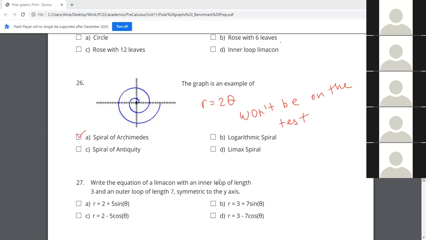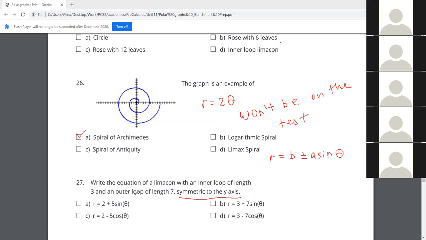27, write the equation of a limaçon with inner loop of length 3 and outer loop of length 7, symmetric to the y-axis. Symmetric to the y-axis will tell me about sine right away. So let's start constructing it. It's a limaçon with inner loop, so let me first put the general formula: r equals B, plus or minus, A sine theta.